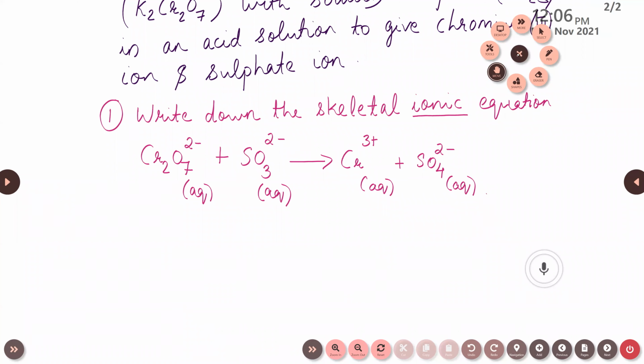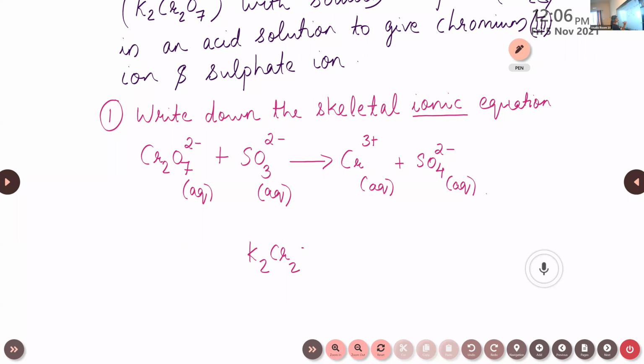Ma'am, what happened to the potassium and sodium? We will split it into the form of ions. It's a compound, that is K2Cr2O7. We will split it into the form of ions: K plus and Cr2O7 2 minus.